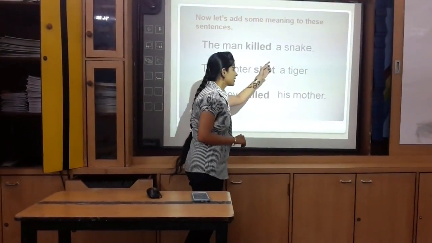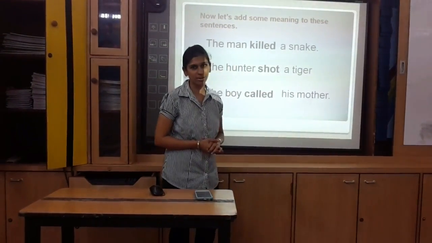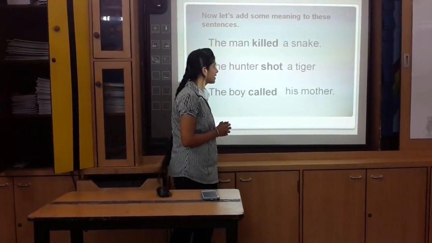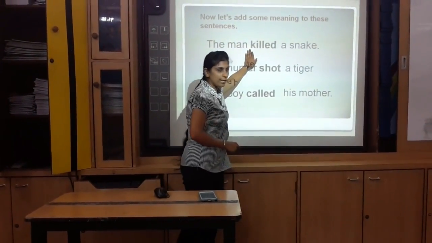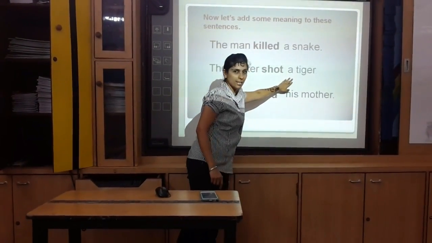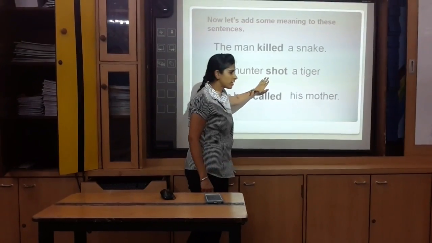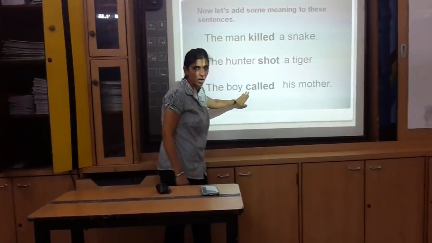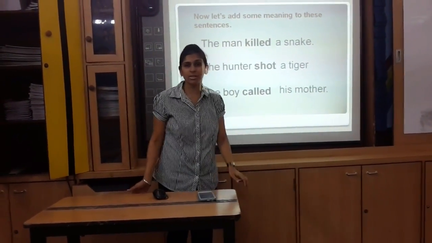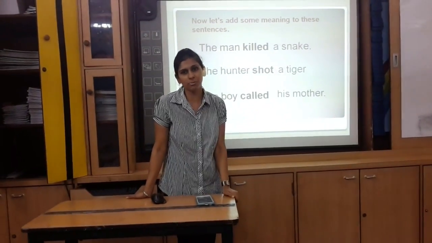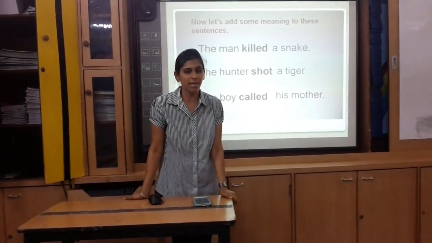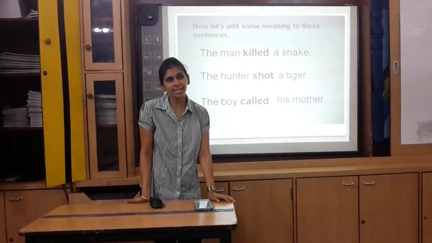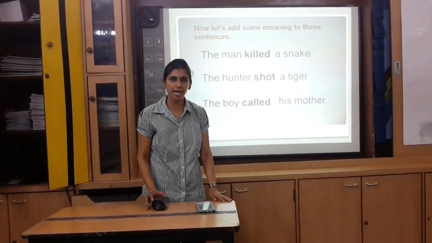So snake, tiger and mother are objects of the verbs. Snake is the object of the verb kill. Tiger is the object of the verb shot. And mother is the object of the verb call. So these verbs that always require an object after them to give them sense are called transitive verbs. Transitive verbs always take an object after them.